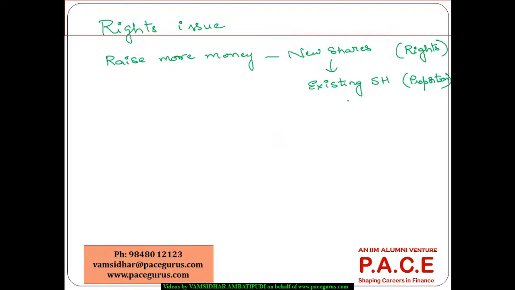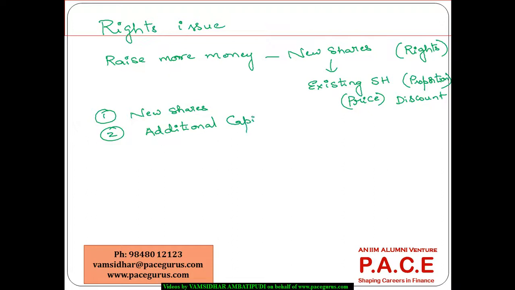and the price would be specified at the outset, and generally this price would be at a discount to the current market price of the share. The main things that happen as a part of this rights issue are, one, new shares are getting created in the market. Two, the company is able to raise additional capital, because each new share is coming at a particular price. Which means the overall value of the company is increasing.